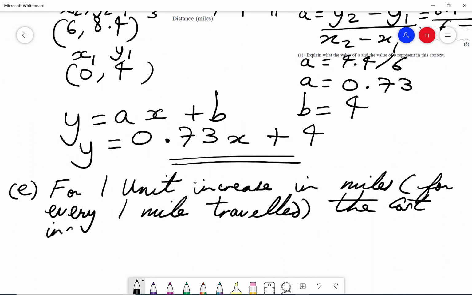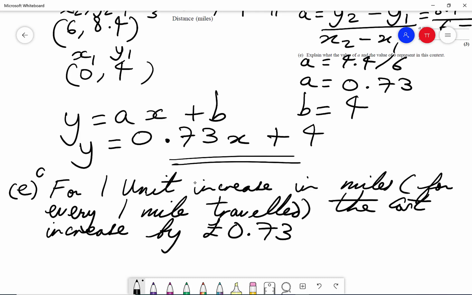It will increase because it's a positive gradient, so it will increase by 73 pence. So for a unit increase in miles, so for a 1 mile increase, the cost will increase by 73 pence. That's how we interpret the gradient in this context.